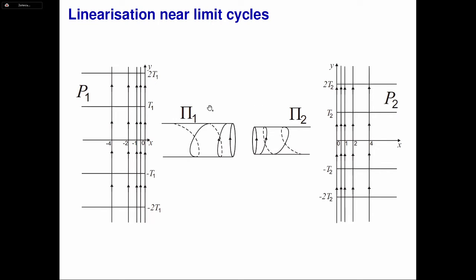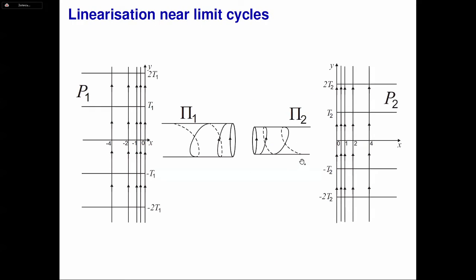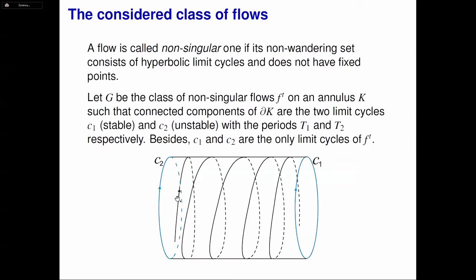And Irwin in the 1970s proved that there is a homeomorphism between this flow on P1 and this flow in a neighborhood of C1, and between this flow and this flow in a neighborhood of C2.